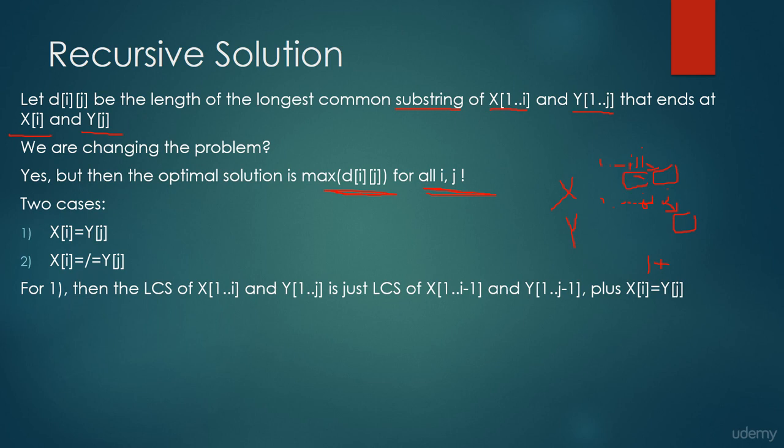So that is 1, because of these elements, plus di minus 1, j minus 1.